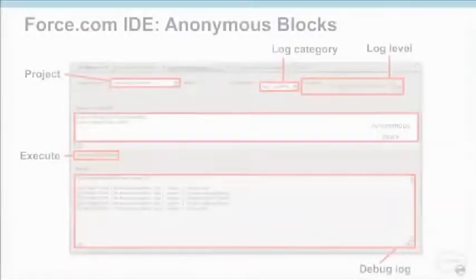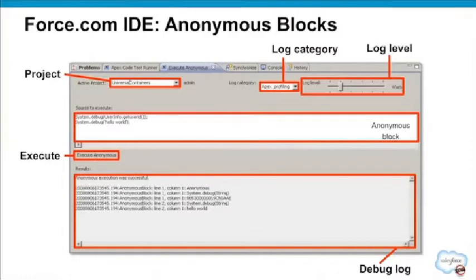Okay? So anonymous blocks execute code up on either a production or a sandbox environment, and when you say insert this into the database or delete this from the database, it does just that. So the changes that you make associated with what you do here are committed to the database.